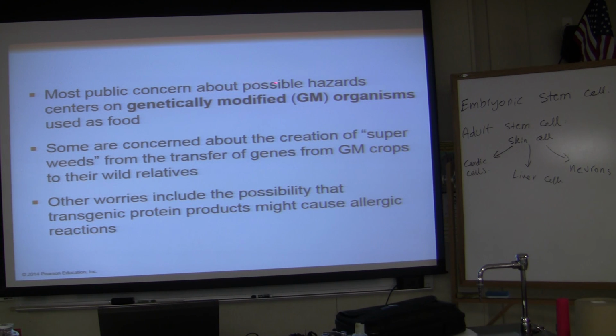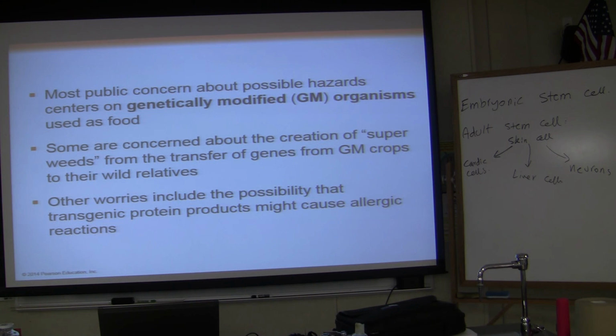Most public concern about possible hazards in biotechnology centers on genetically modified organisms used as food. Some are concerned about creation of superweeds from transfer of genes from GM, genetically modified crops to their wild relatives. Other worries include the possibility that transgenic proteins produced might cause allergic reactions.